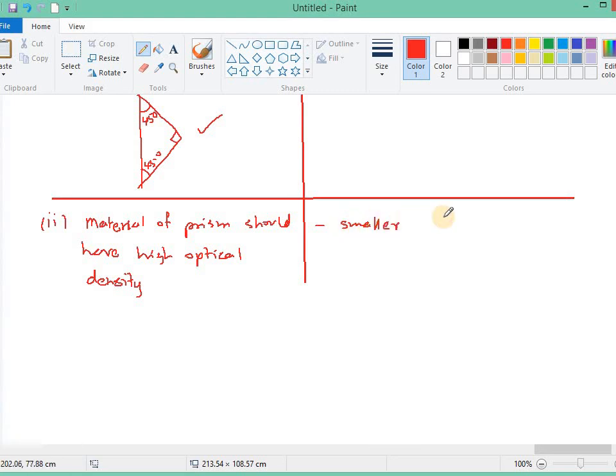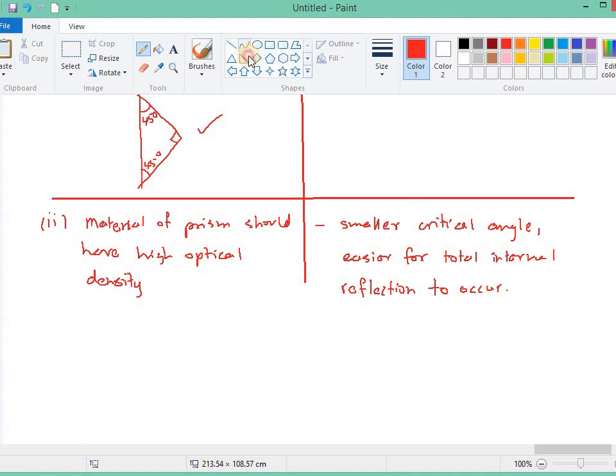Smaller critical angle, easier for total internal reflection to occur.